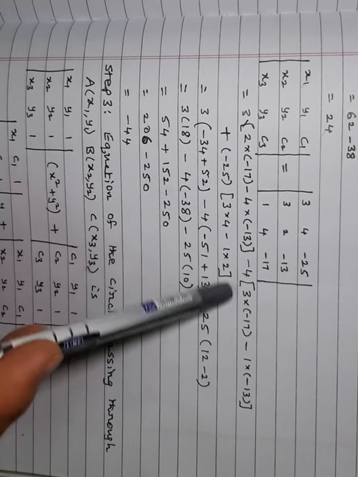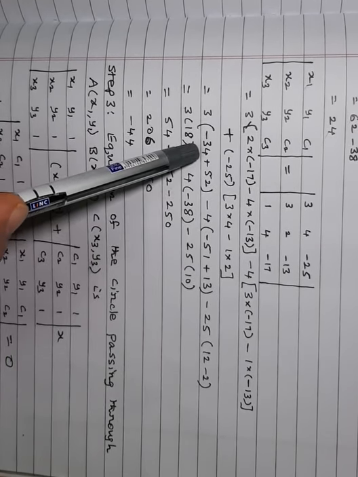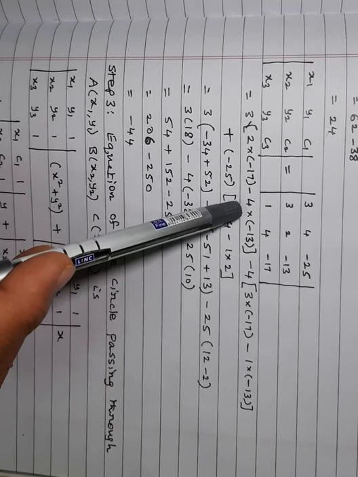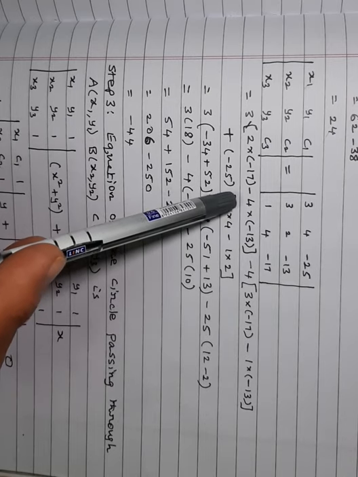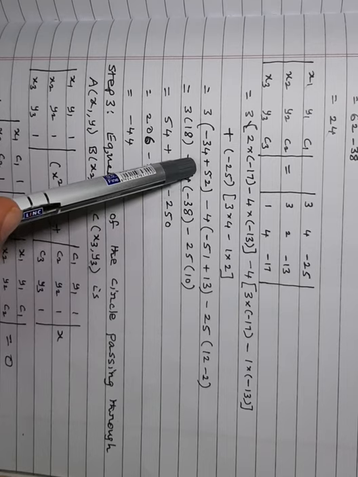Now we simplify these terms. 2 into minus 17 is minus 34. Minus of 4 into minus 13 is plus 52.